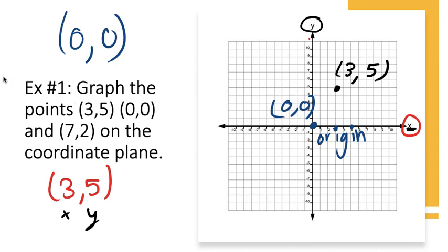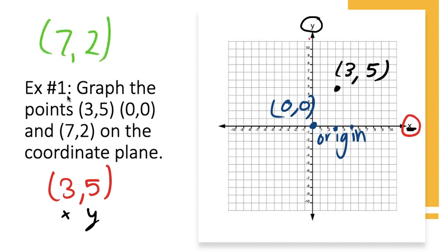So now let's graph the last one. Let's graph 7, 2. We know this is our x and this is our y.